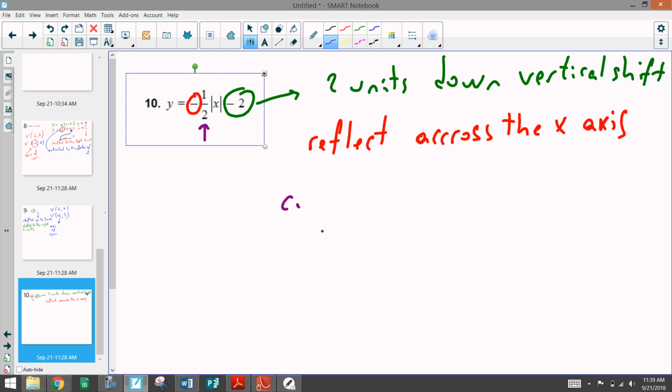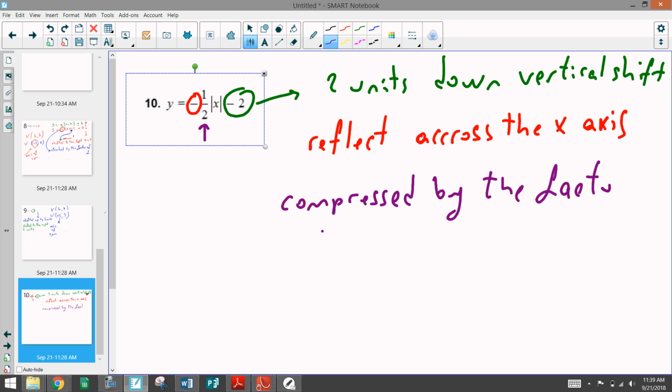Compressed. So 1/2, since it's less than 1, in between 1 and 0, that makes compression. When the numbers increase, it's going to be reflection, stretch, and since this number is less than 1, it's going to be compression.